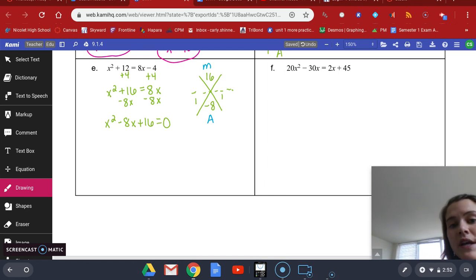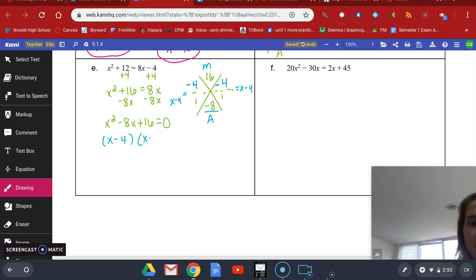Okay, so I've got 1 and 16, 2 and 8, 4 and 4. So I like 4 and 4 because they make 8, but they've both got to be negative, right? Because a negative times a negative is a positive. Negative plus a negative gives me that -8. And so in factored form, I get x minus 4 and x minus 4.